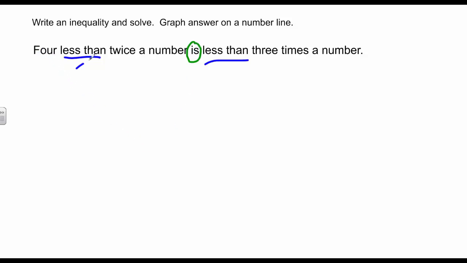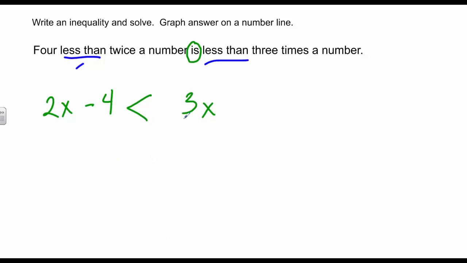If I say 4 less than twice a number, I'm talking about 4 less, so I'm talking about subtraction. Twice a number, we don't know the number, so we're going to call that x. And that term is less than, so the smaller part of the inequality is pointing towards that term, 3 times the number. So that's 3x.